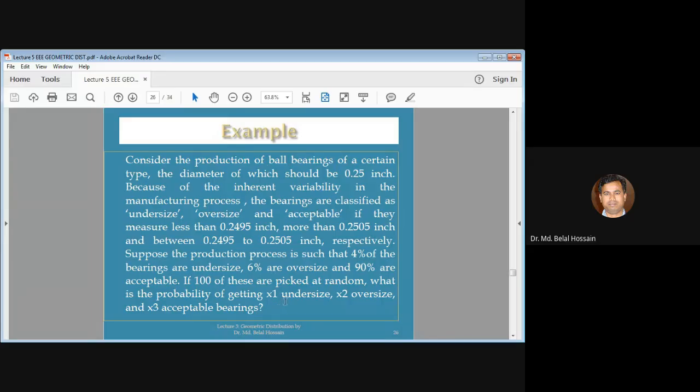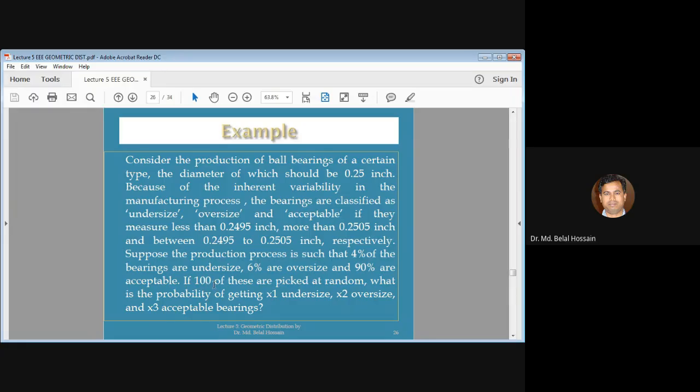You have to put the values p1 equals 0.04, p2 equals 0.06, and 0.90 for p3, and n equals 100.